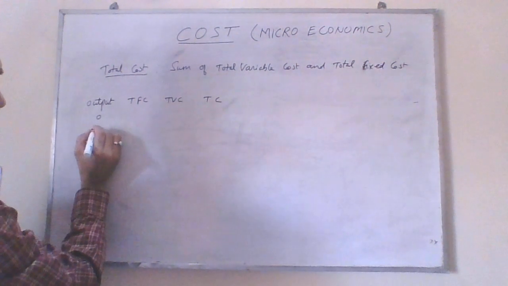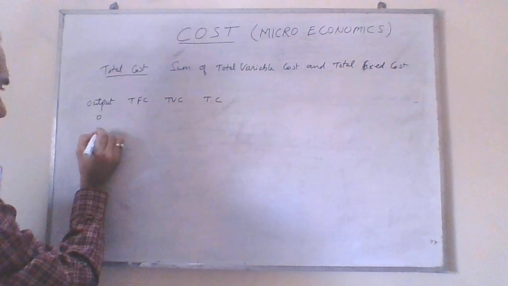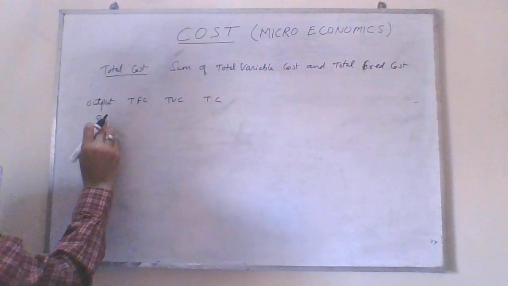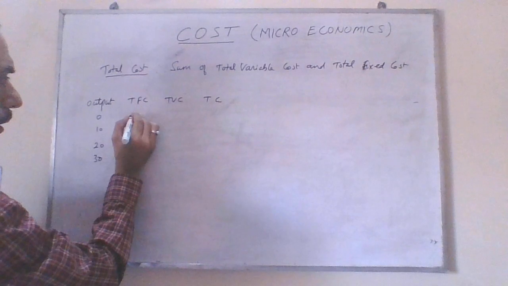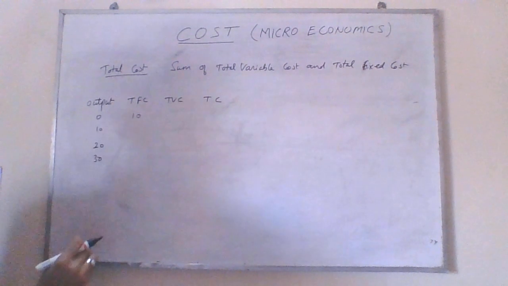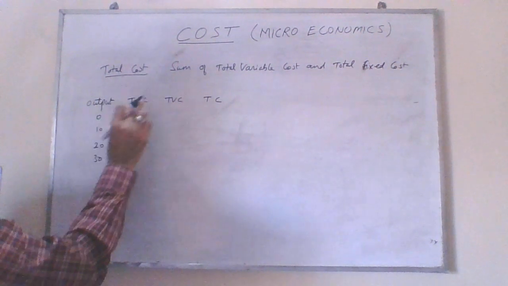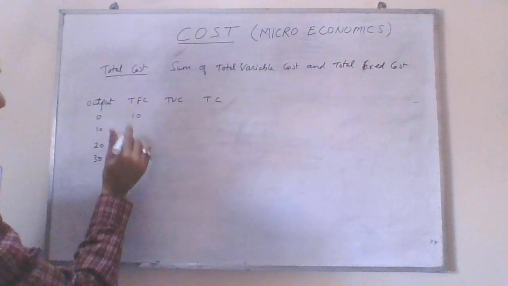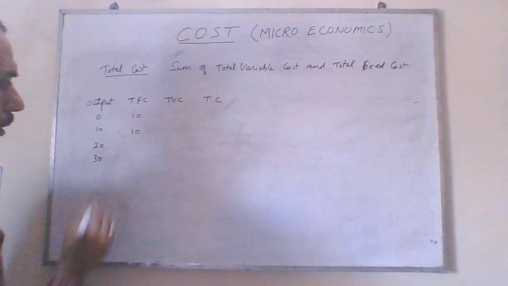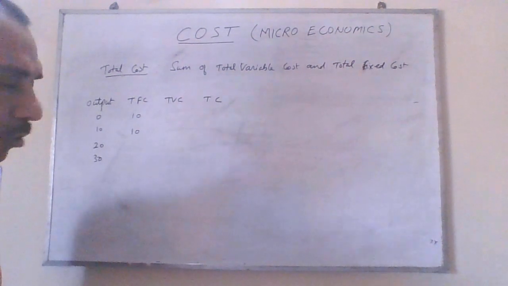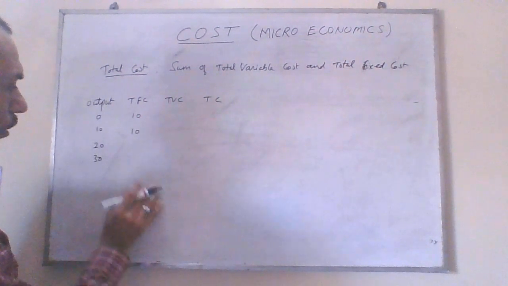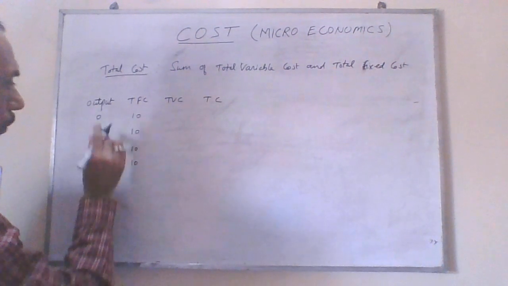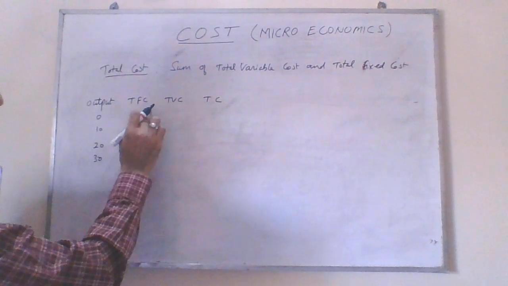When output is 0, then 10, 20, 30. When the output is 0, total fixed cost is not 0, it remains something. When output is 0, total cost also exists. When the output is increased, total fixed cost remains the same, because it does not depend on output. Again the output increases, and the fixed cost remains unchanged.